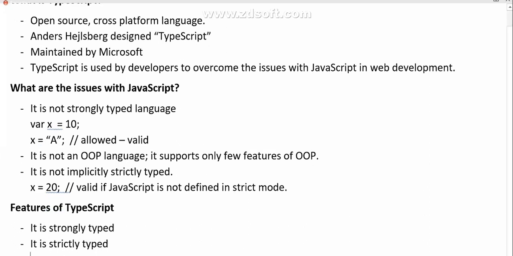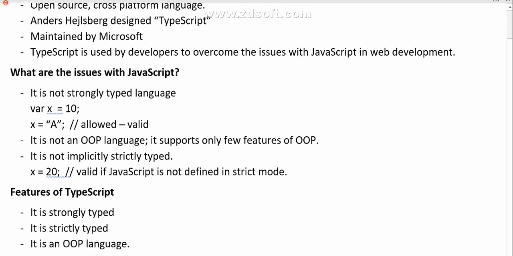Another important point is it is an OOP language. It supports all the features of object-oriented programming. And very important, it supports all kinds of low-level features.